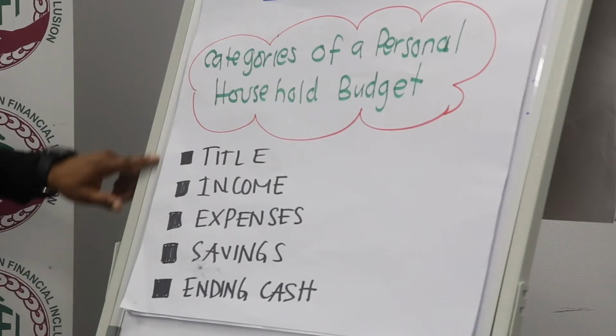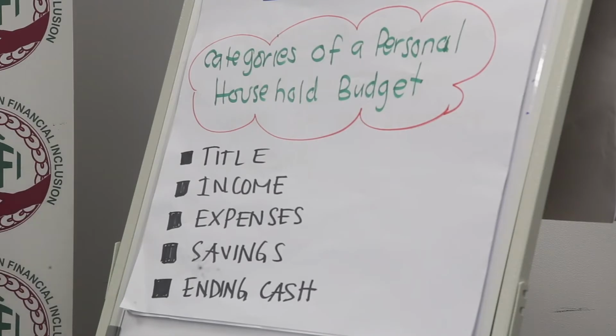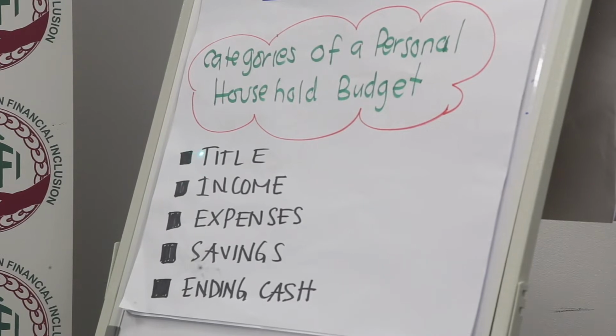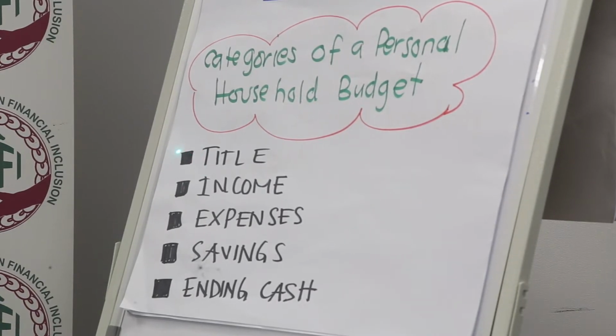So for a personal household budget, we would love you to have a budget that comprises a title, and that title should also state the reporting period, as to what time this budget is to be captured. You should also state the income, from which income sources you are getting your money. You should also list your different expenses and then your savings.